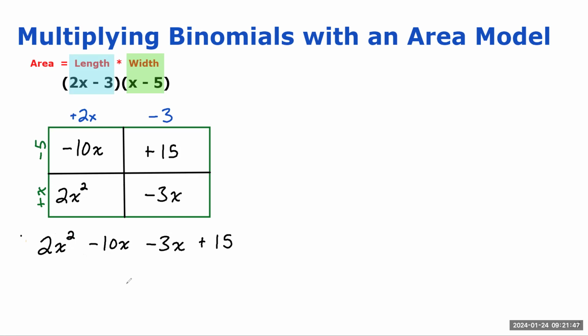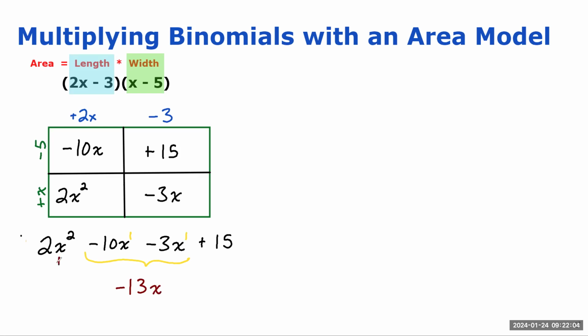And you can see in the middle here, we've got two x variables that have an invisible power of 1 right there. We can combine our like terms, and negative 10x minus 3x is going to give us a negative 13x.